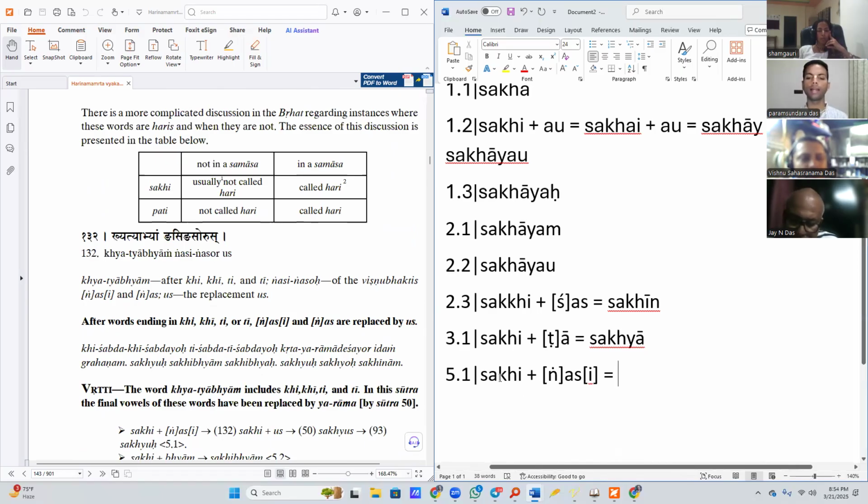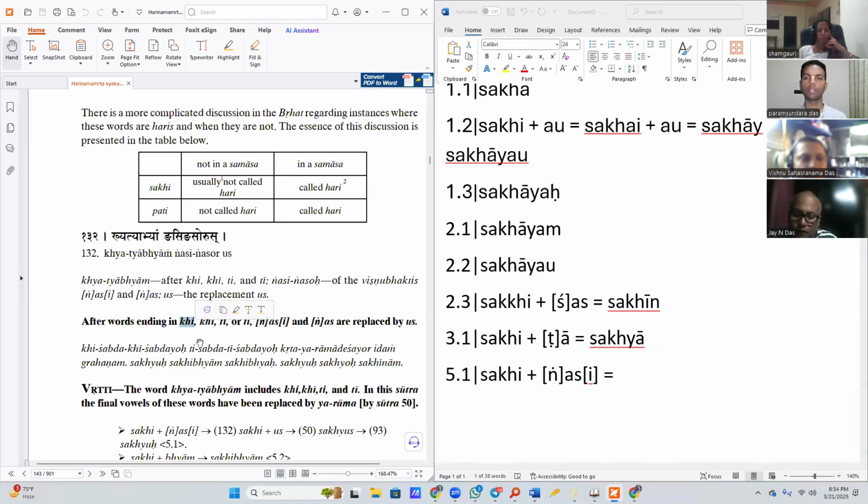Like Sakhi is a word ending with Khi, the first one. Then there will be other words ending with Ki, Ti or Ti. Bhakti will be a word ending with Ti, and likewise. So after such words, Ngasi and Ngas are replaced by Us. So Sakhi, Ngasi replaced with Us, and Yaha Idvameva Sarveshware. So we get Sakhyu.